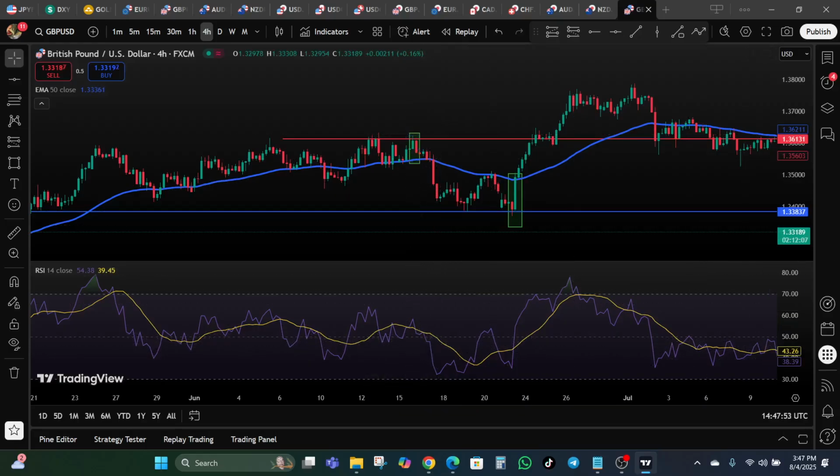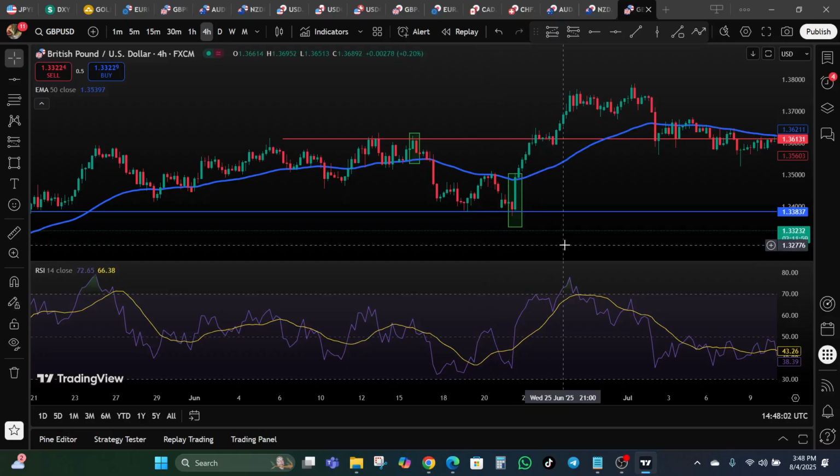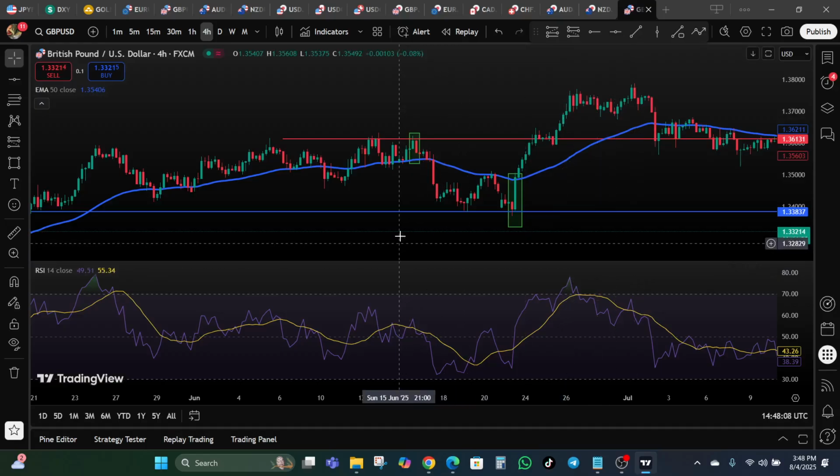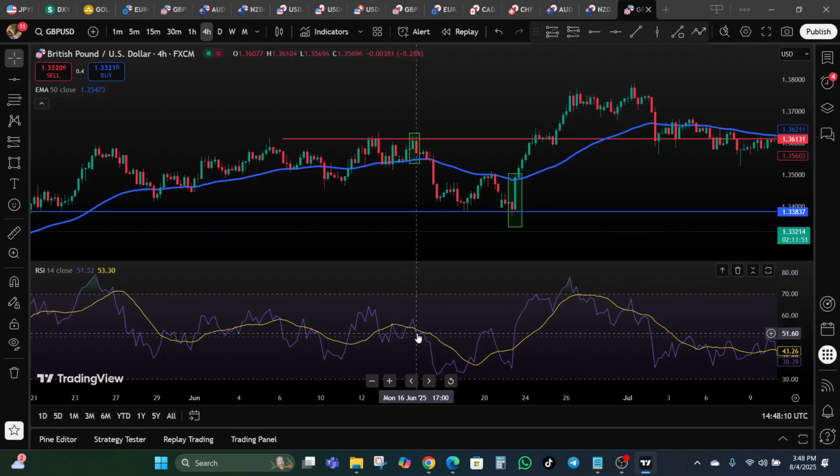So we are not using RSI to call overbought or oversold in this strategy. We are just using it to confirm momentum in the direction of the engulfing pattern. If your RSI is neutral or conflicting, you can skip the trade.